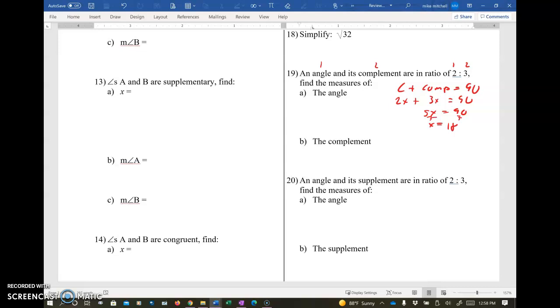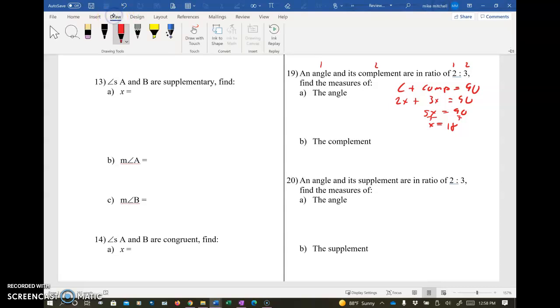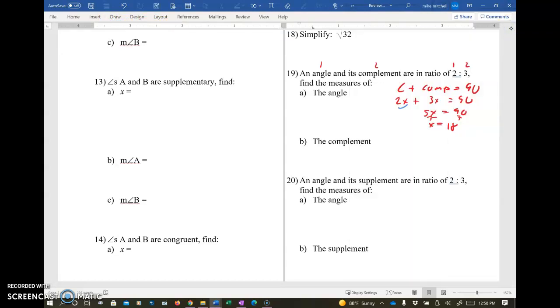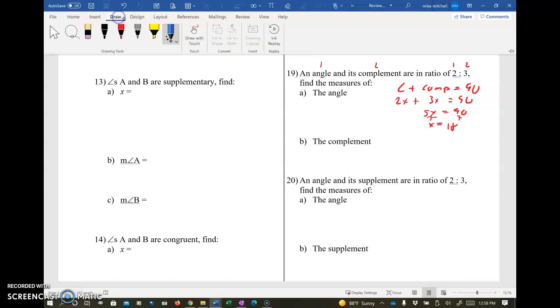Then I want to get the angle. Well, the angle was my first one. Okay, so we got x equals 18.